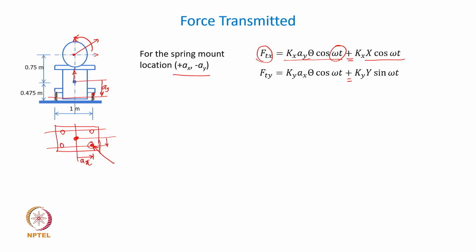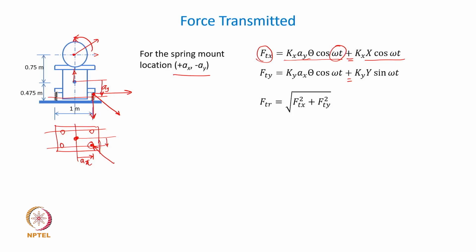Now, to find the maximum value transmitted, we will have to get the expression for the transmitted force. So, the transmitted force through this will have its x component and its y component, right. So, the net force transmitted will be the vectorial sum.